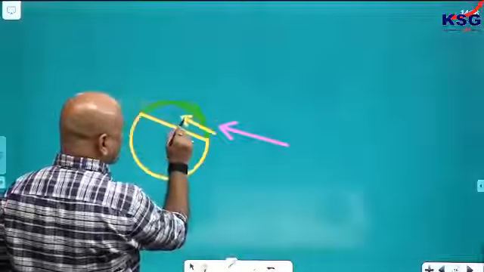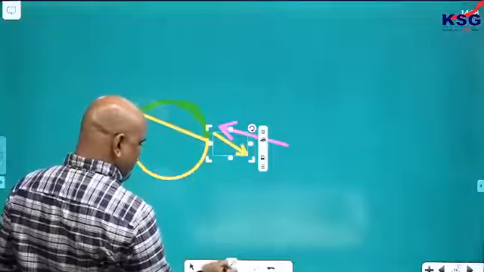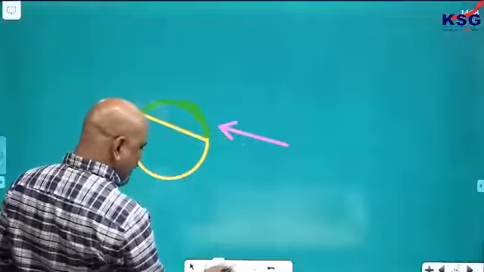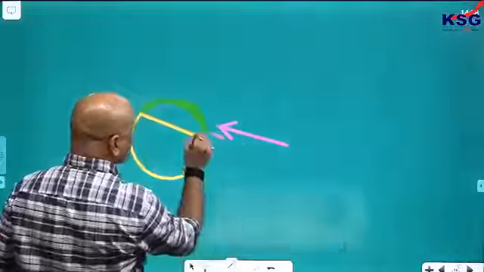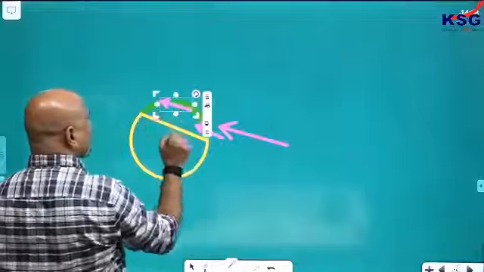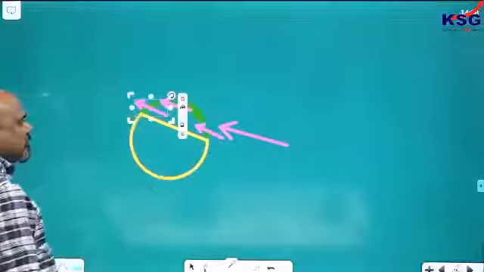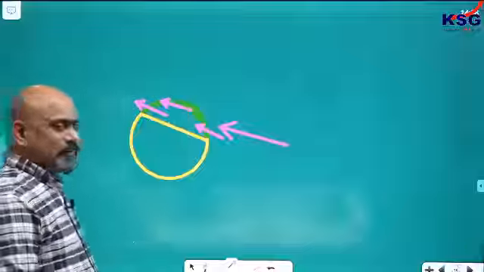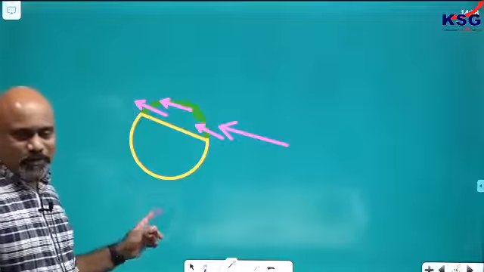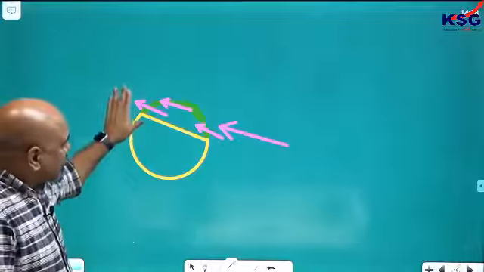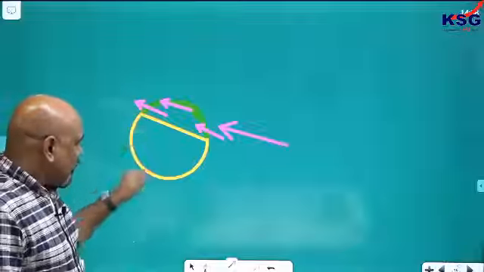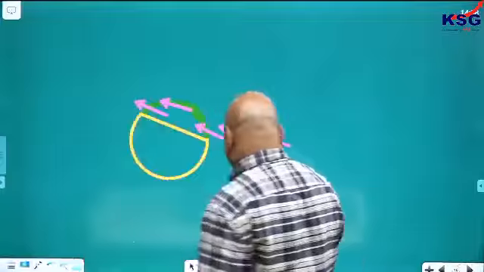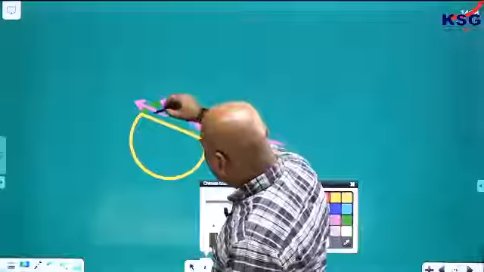See here, the wind is blowing in this particular direction, and due to which you have this piece of rock that now looks like this. You got it? Now, this rock got modified.